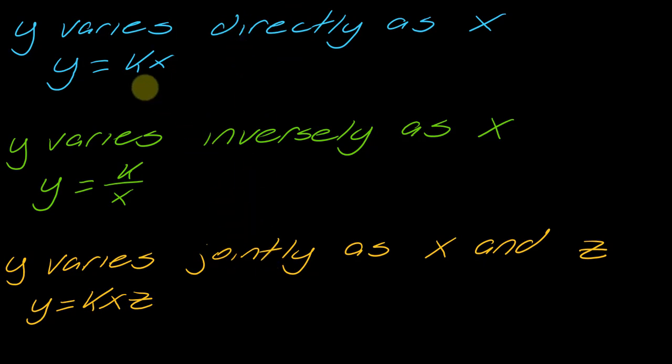They're all doing something to k. Directly means you are multiplying x by k. Inversely means you are taking k and dividing it by x, so inversely as x means divide by x. And jointly as x and z means you're multiplying by both x and z.